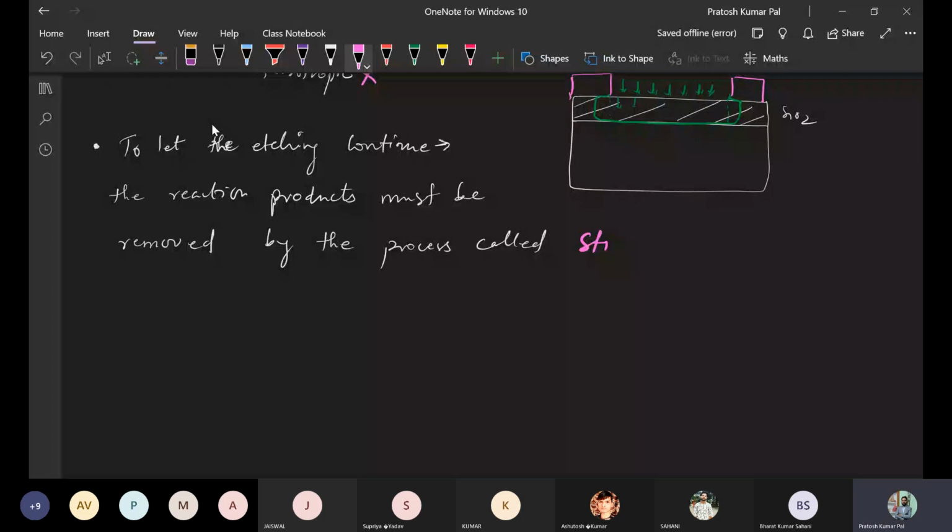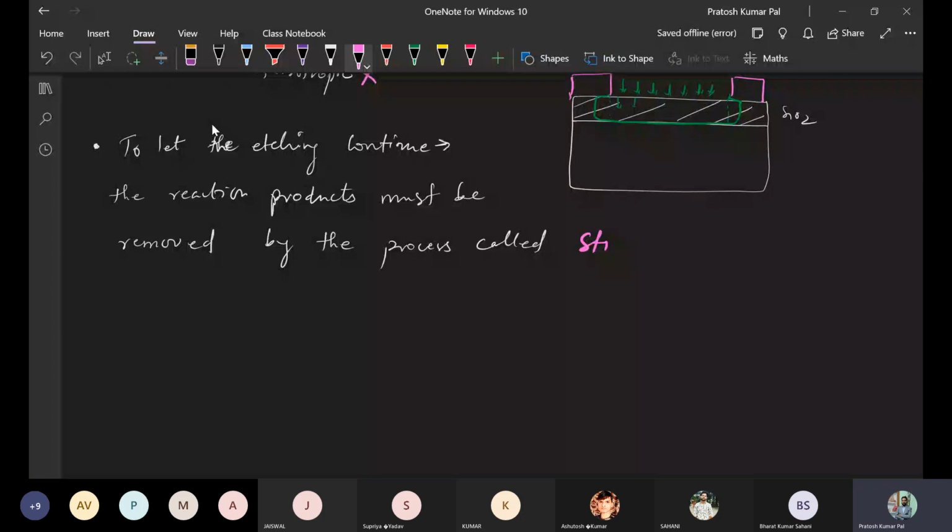Okay. So when we remove the products by using stirring, the next layer can be etched. So we are provided for further etching. That removal of waste, or removal of the products formed after reaction, is called stirring. Okay.